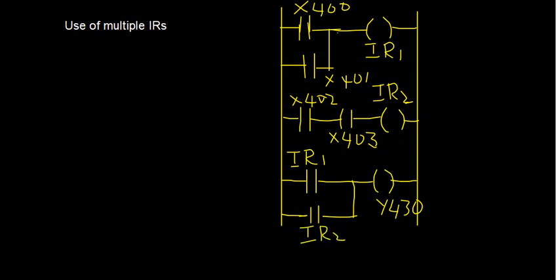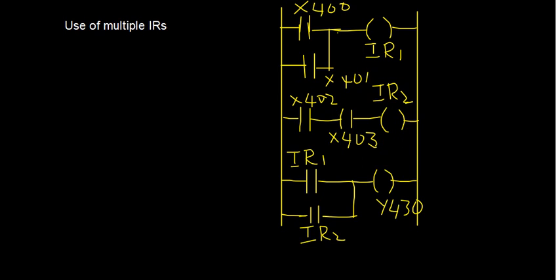So I hope you can understand this example. And the same example can also be realized using the conventional inputs and outputs, which we have already seen. So now you should be in a position to understand what exactly this ladder diagram indicates.